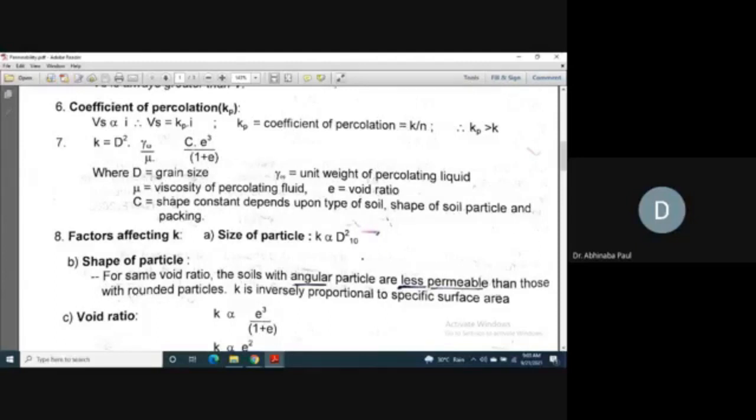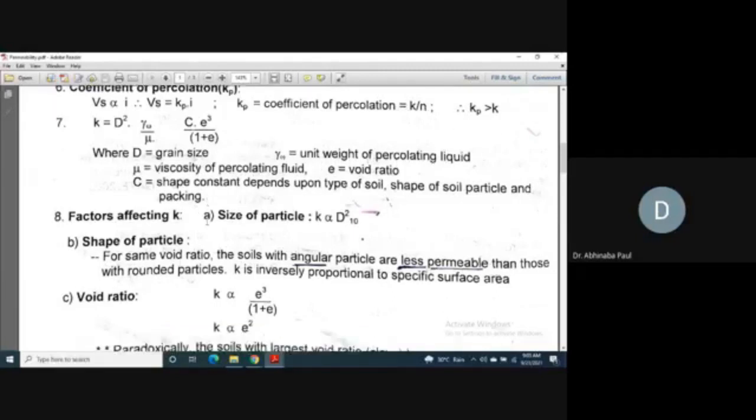D is grain size, mu is viscosity of the percolating fluid, e is void ratio, C is a shape constant depending on type of soil, shape of soil particle and packing, and gamma W is unit weight of the percolating liquid. From this we can see that for particle size, K is directly proportional to D square, that is D10 square.